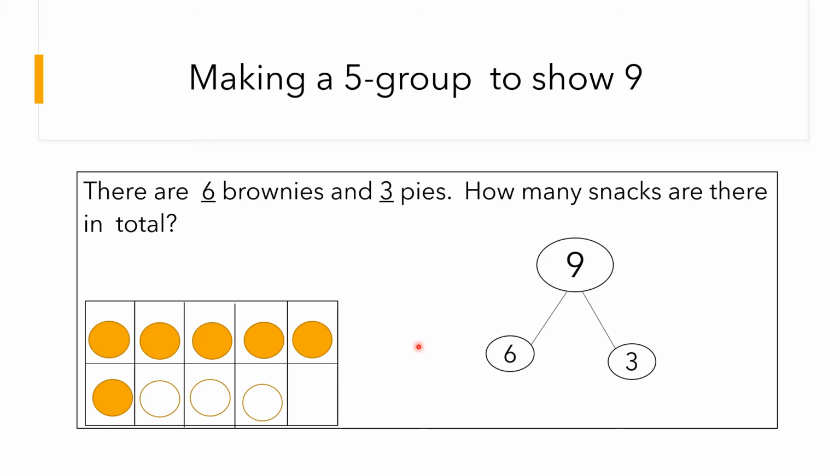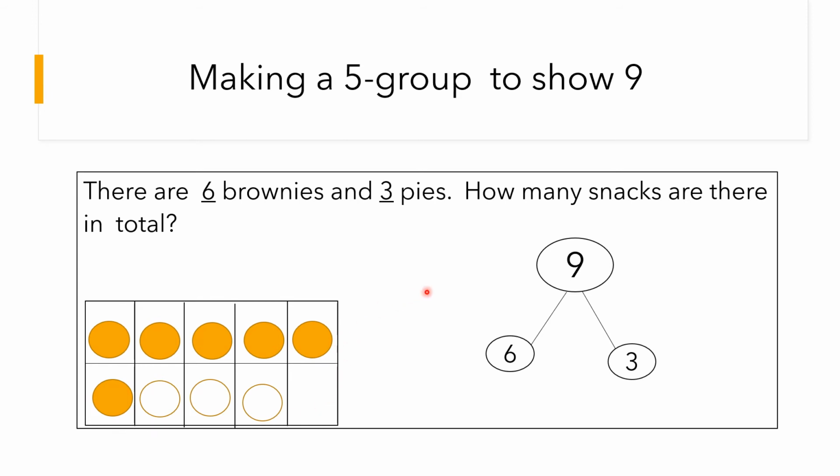But we want to make sure that our 3 circles look different from our 6 brownies so that we can tell them apart. We'll make them clear. 1, 2, 3. 6 brownies plus 3 pies means that there are how many snacks in total, kindergarten?